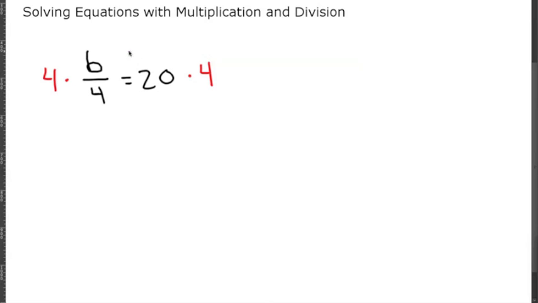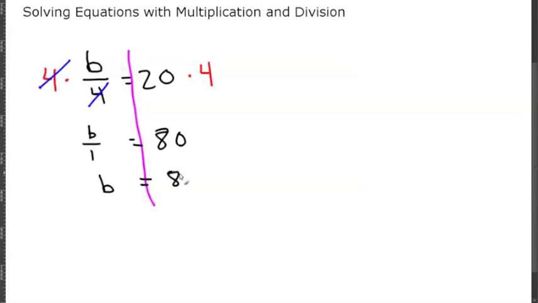If it helps, go ahead and draw that line. So now, the 4 and the 4 divided by 4 is just 1. So we're left with b divided by 1 is equal to 20 times 4, which is 80. And we know that b divided by 1 is just b. So b is equal to 80.